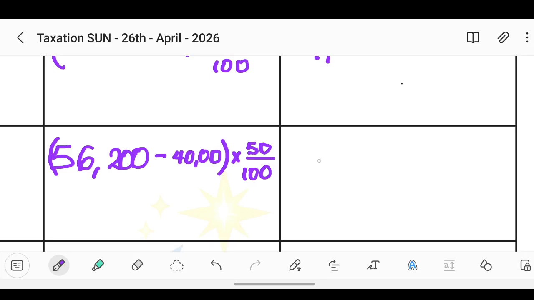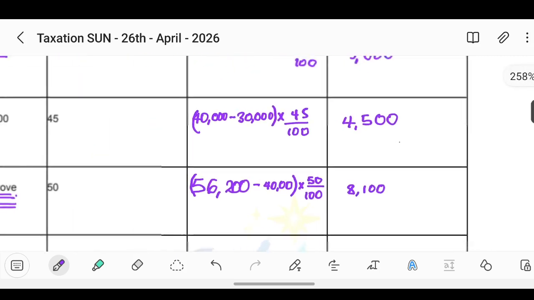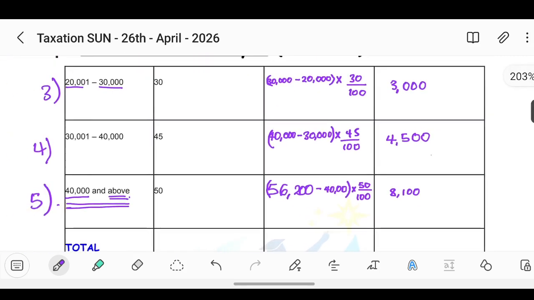Now, after getting that one, that was our last row. You add all the taxes. You will add this to that, to the 3,000, add the 2,500, and add the 1,000.